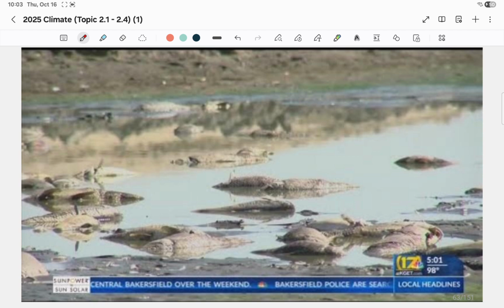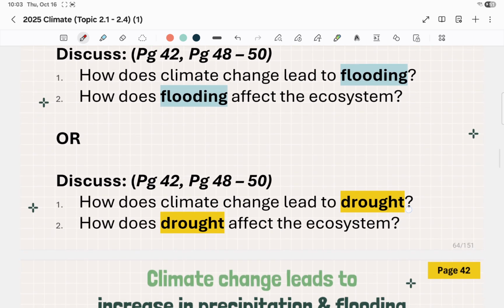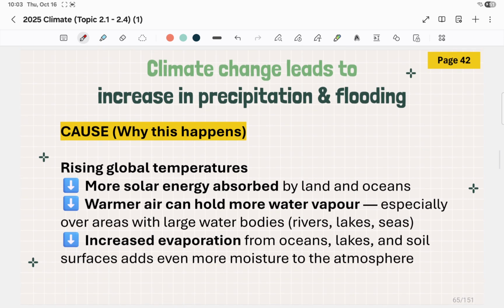So this is also something you can read on, and then you can use the video and the articles that I've uploaded on Padlet to give you a little bit more idea about what had happened if there's a drought. Okay, so this was what you were asked to do, and let's focus a little bit more on the why it happens. Try to link back to what you had learned previously, and then linking it to the impacts itself.